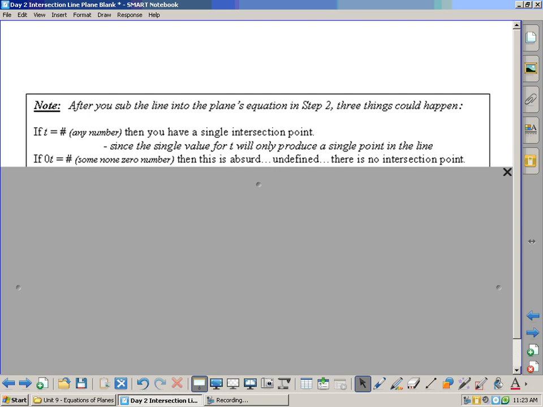Because it's impossible if you have 0 times t and you get an answer of like 6 or 10, there's no value for t when multiplied by 0 to get you an actual number. Everything multiplied by 0 should be 0.